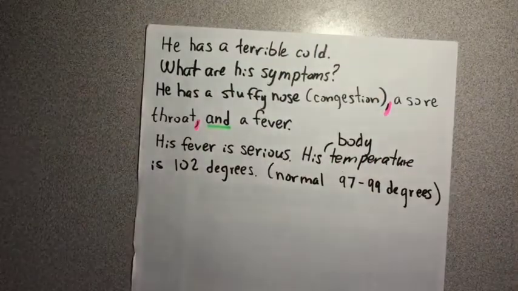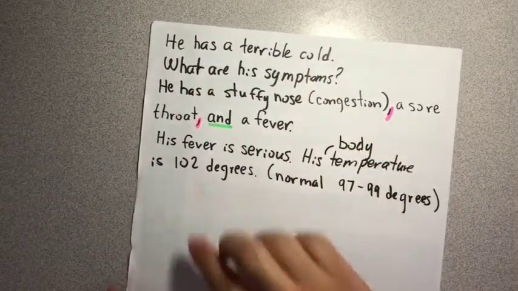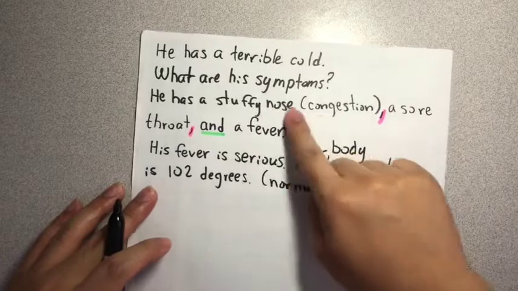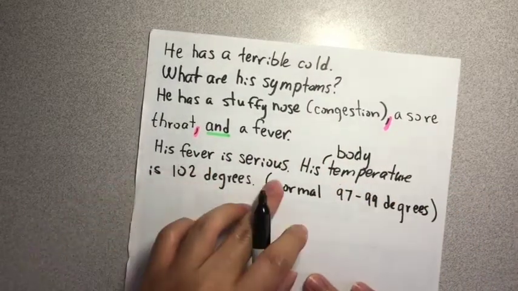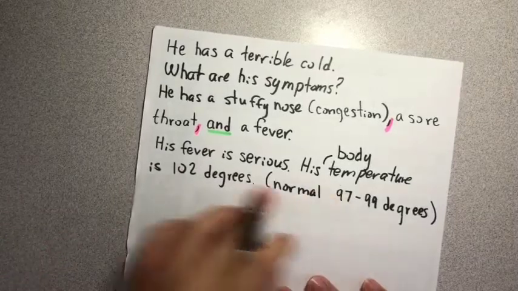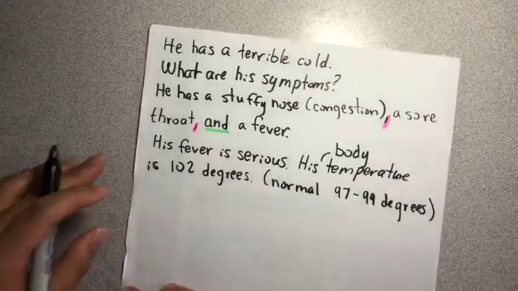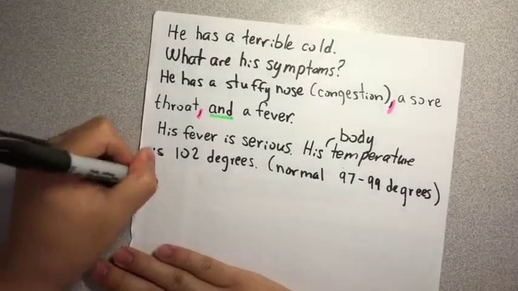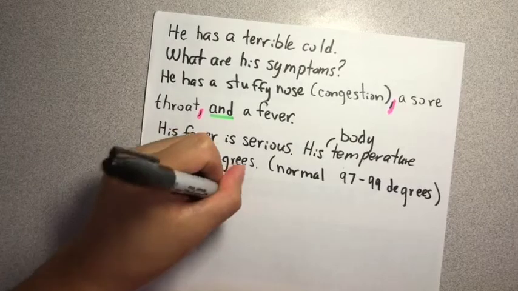Okay? So, he has a terrible cold. What are his symptoms? He has a stuffy nose, a sore throat, and a fever. His fever is serious. His body temperature is 102 degrees. Okay? So, he needs medicine.